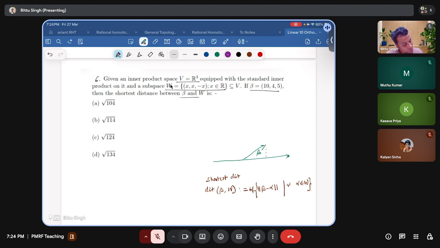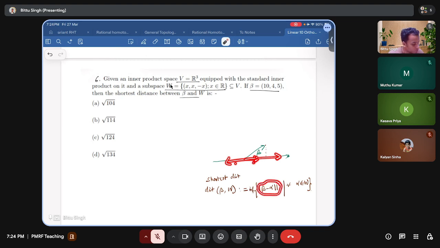So we need to see all the alpha 1, alpha 2, alpha 3 in the subspace and find the smallest norm of beta minus alpha. So this is the distance between those two things.